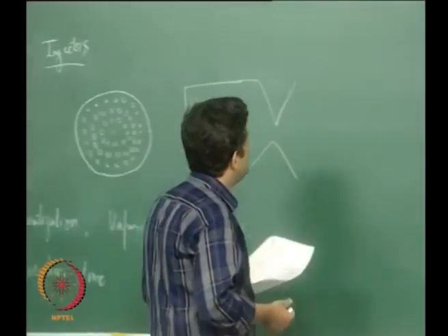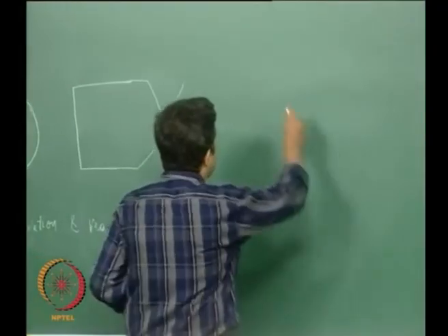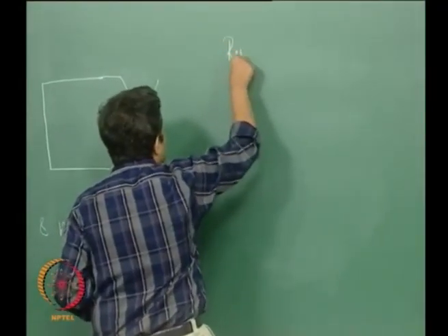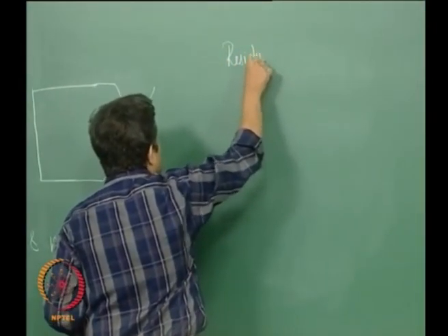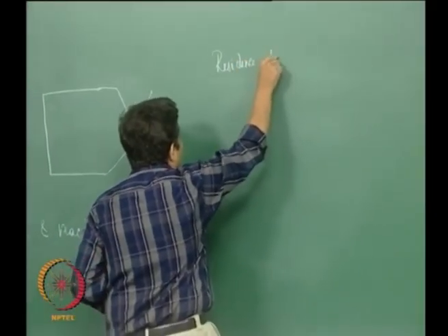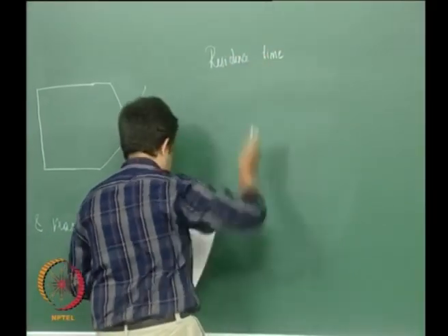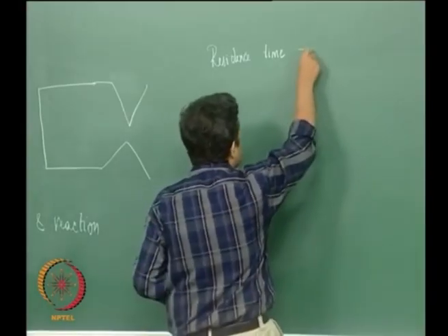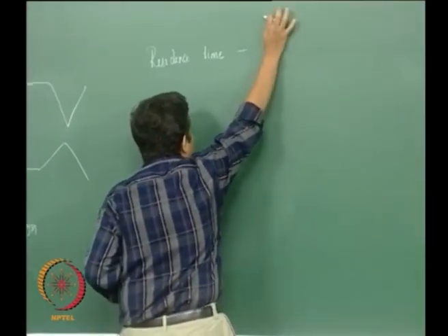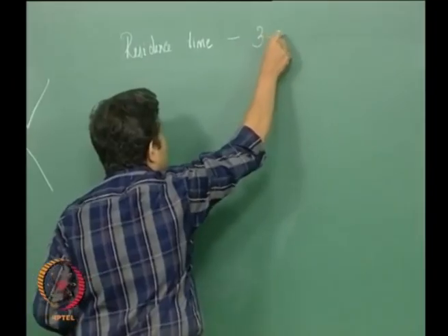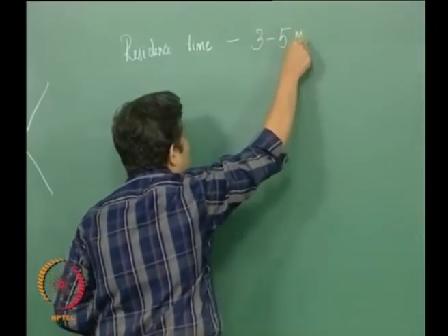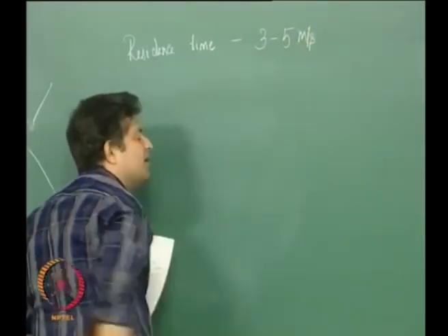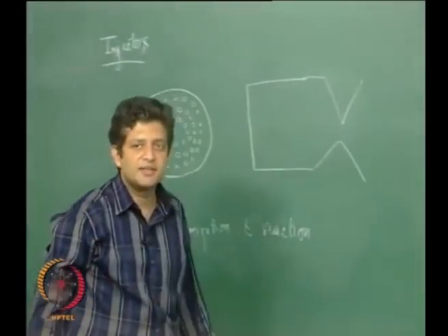Now typically the stay time or the residence time is of the order of 3 to 5 milliseconds.